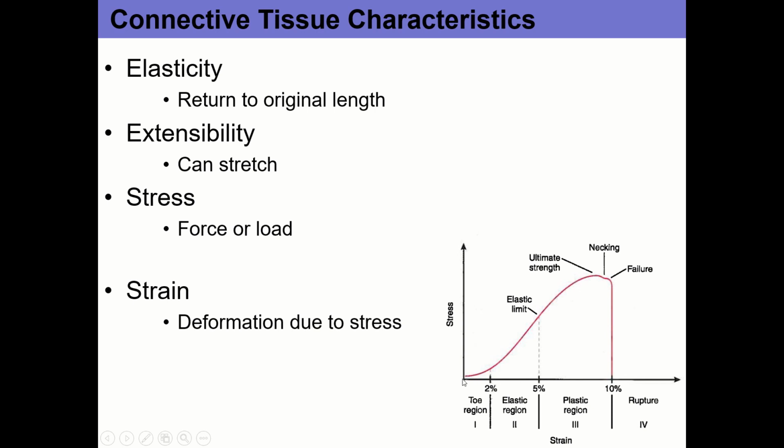And then on the x-axis, in response to that, we get the degree of change in tissue length because we're pulling the tissue apart. It's going to change in length more and more, corresponding with the amount of stress that's applied to it.